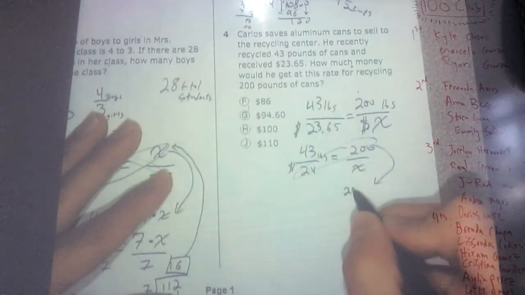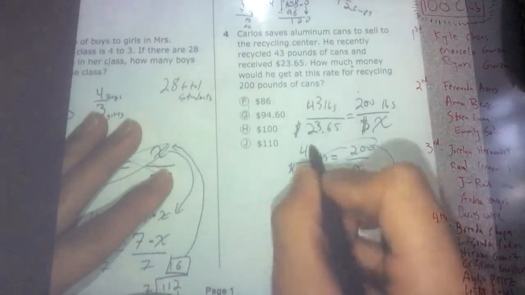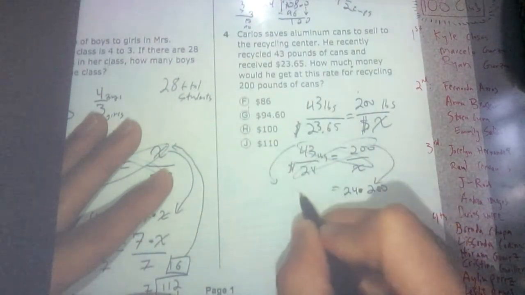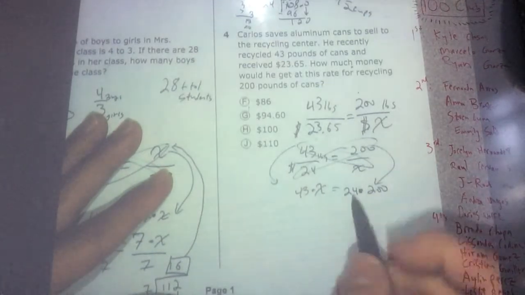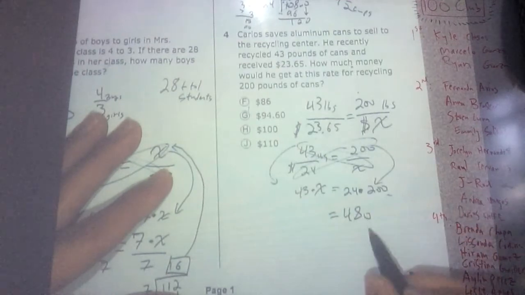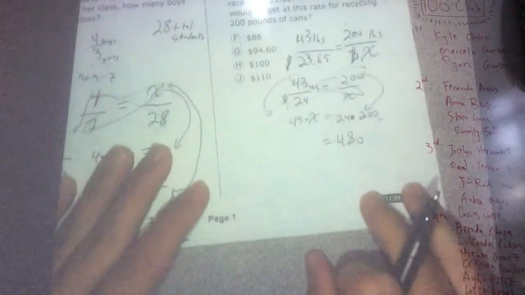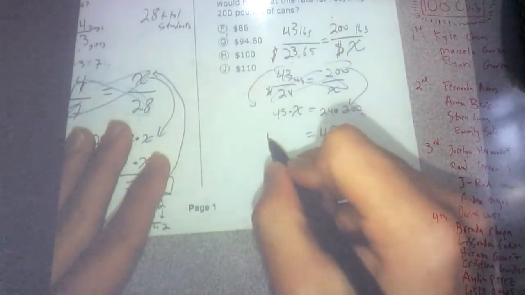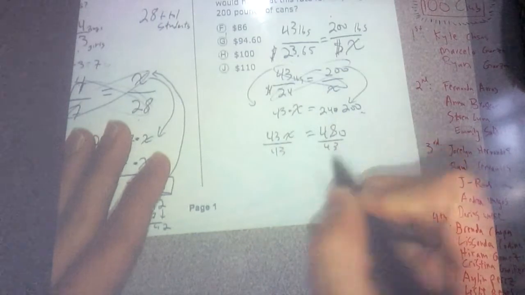So we have 24 times 200 is equal to 43 times x. 24 times 200 is going to be 480. You can go ahead and pause the video and do the multiplication if you'd like. I'd like to keep the video fairly brief though. And 43x. Divide by 43 will give me x.